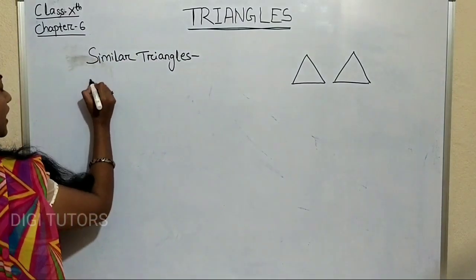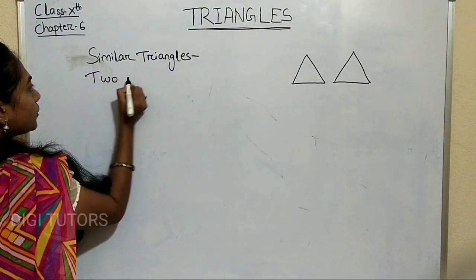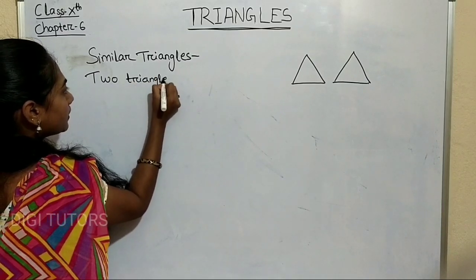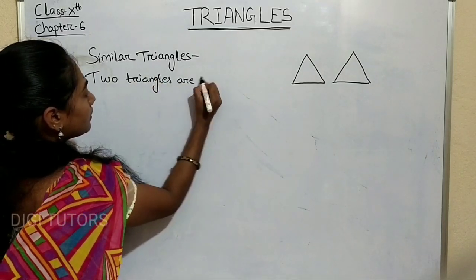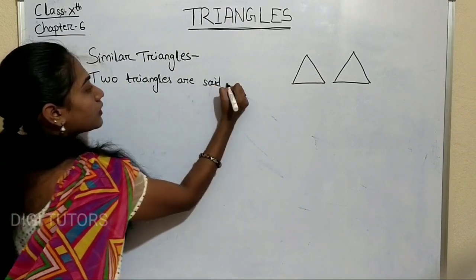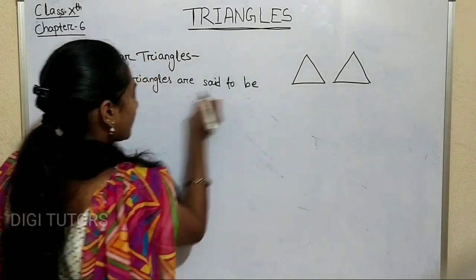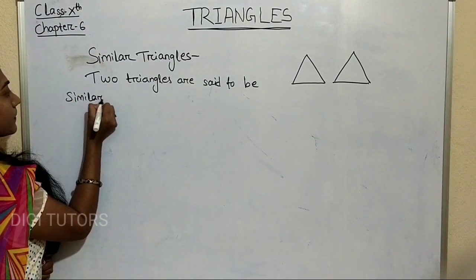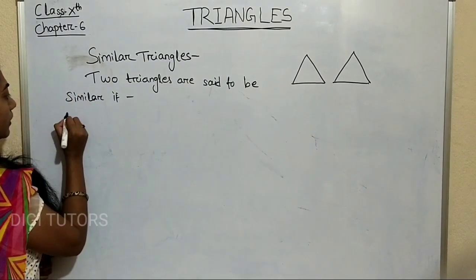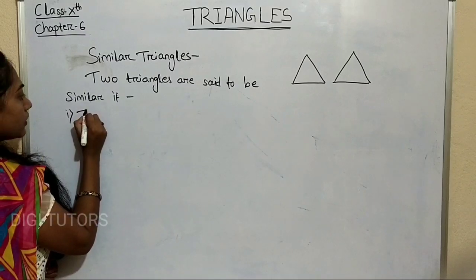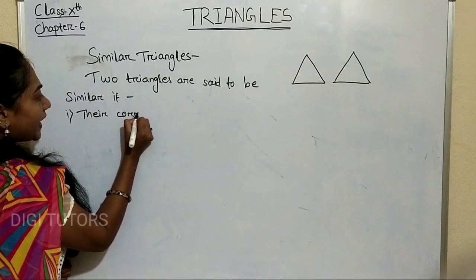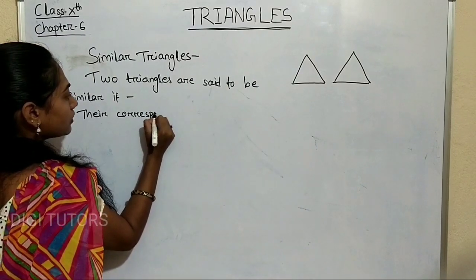The conditions are: two triangles are said to be similar if their corresponding angles are equal.